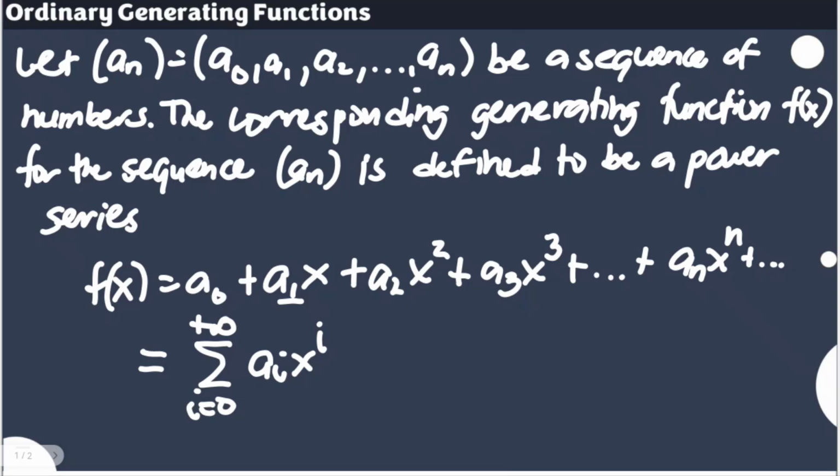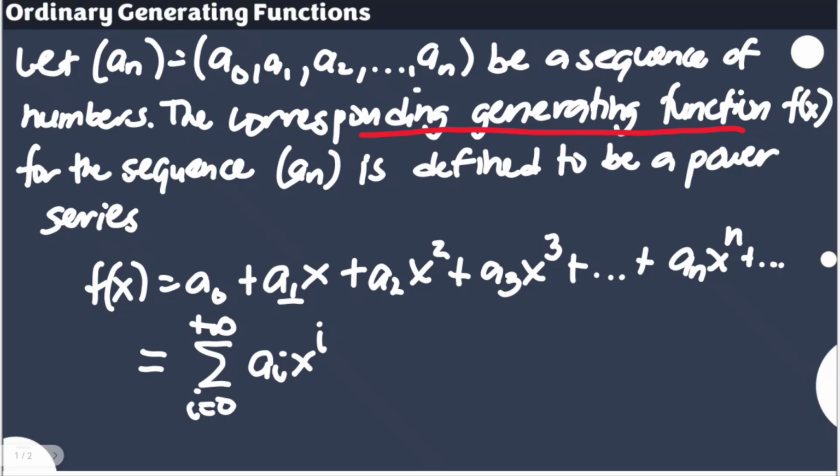Later on, we'll be given a sequence, and we are tasked to provide a generating function that will stand for the said sequence. So we simply take the terms of that sequence, pair them with x to the power of i, and then we will have the ordinary generating function. Take note, we are still on ordinary generating function here.